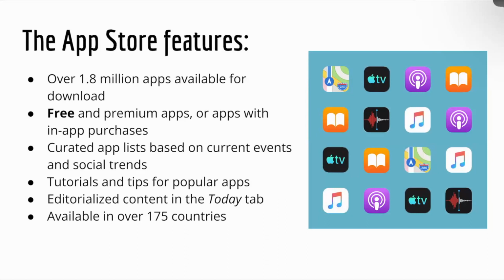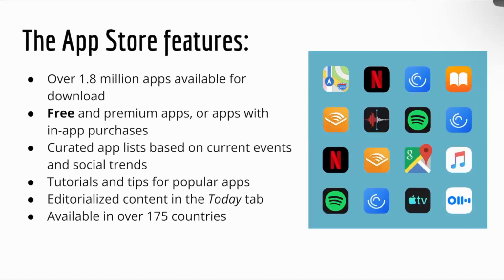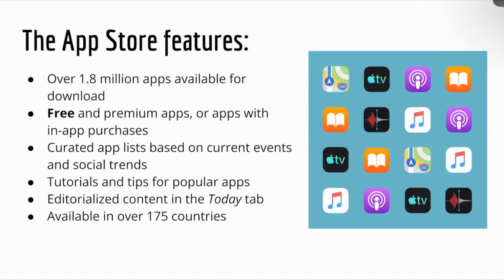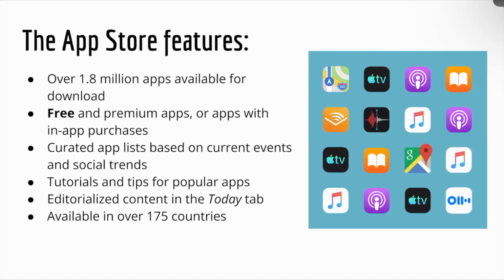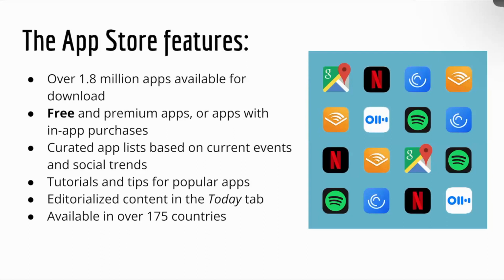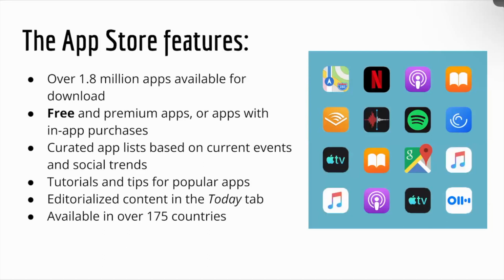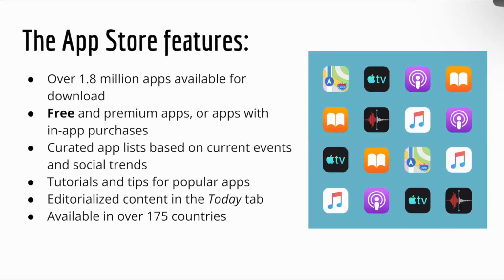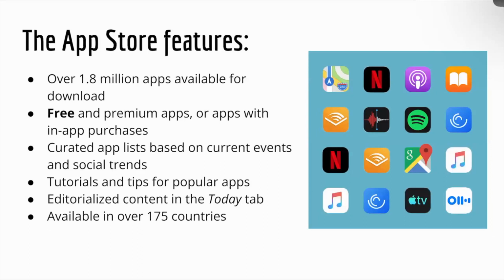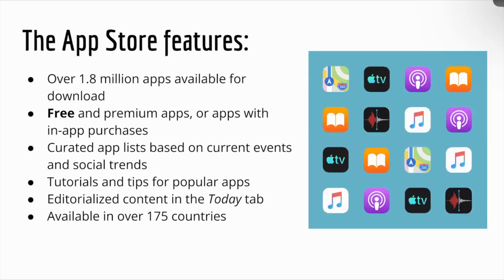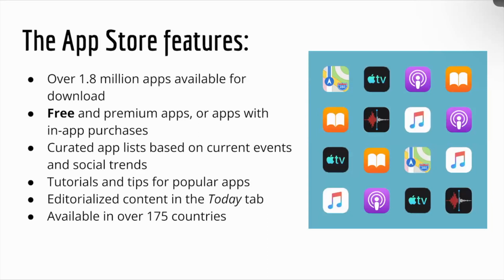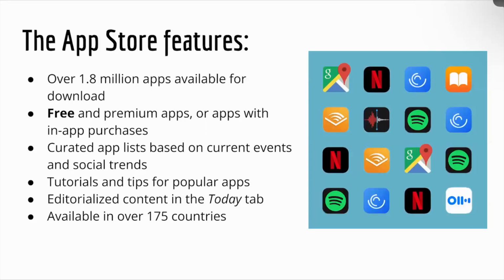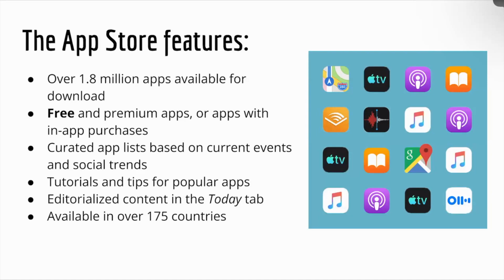So purchases you can make within the app, that's like virtual currency, things of that nature, cosmetics, anything you buy within an app. There are curated app lists based on current events and social trends, tutorials and tips for popular apps. Like the video said, there's editorialized content in the Today tab. So actually articles about the apps themselves, so you can get some context before you download them.